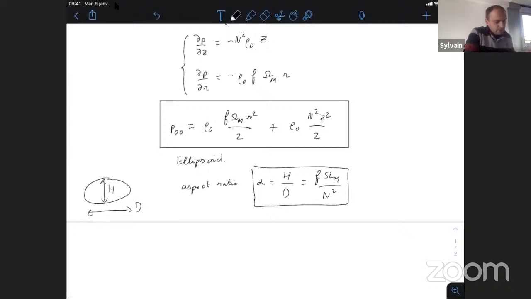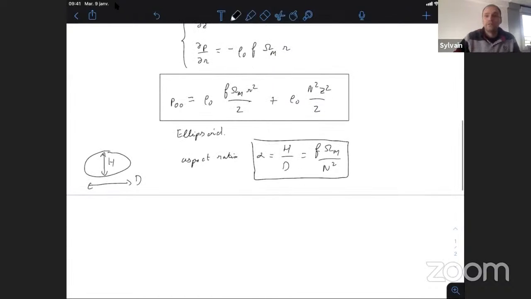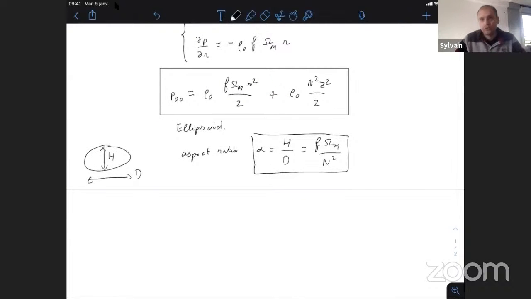In fact, these two restoring forces are the reason why you have propagation of waves in a stratified fluid, which are called internal waves. I think you also saw yesterday that you have inertial waves due to the Coriolis force, and they are very similar. When you have both, you have a competition between Coriolis force and stratified flows.